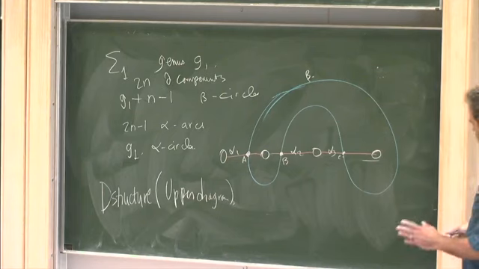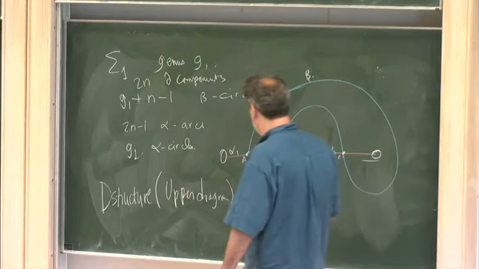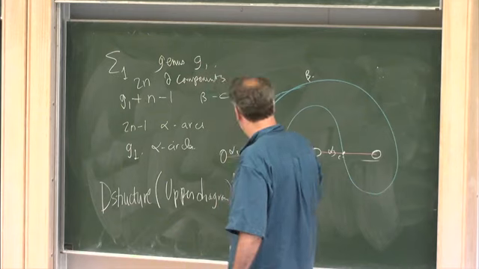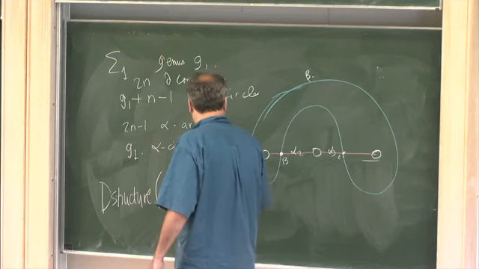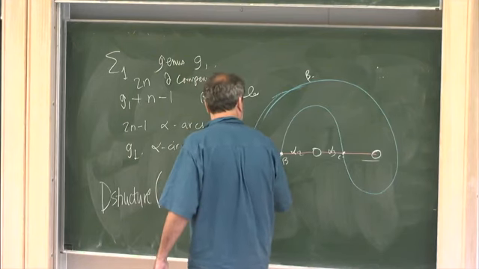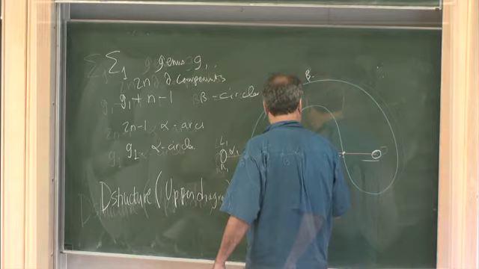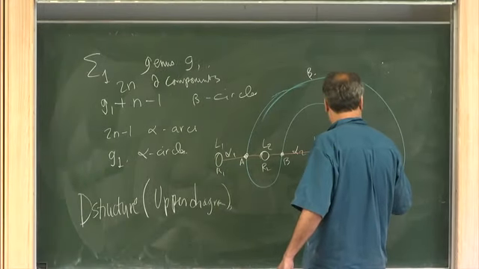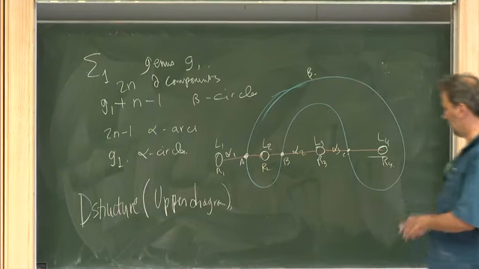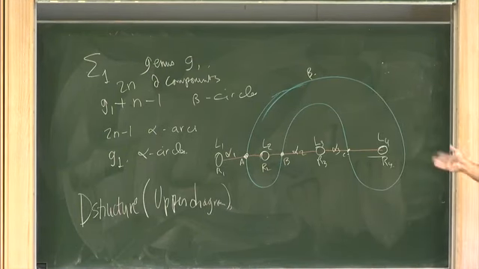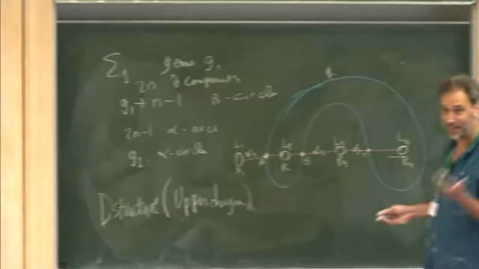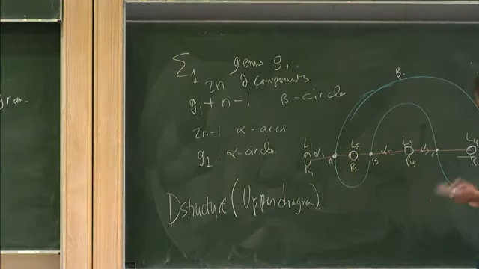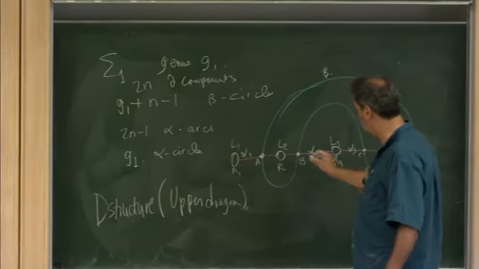And now I would like to put some labels near these boundary circles. So I'm going to write L1, R1, L2, R2, L3, R3, and L4, R4. Those are labels which secretly are going to correspond to algebra elements in an algebra, which is defined later. But let me just draw this picture here.